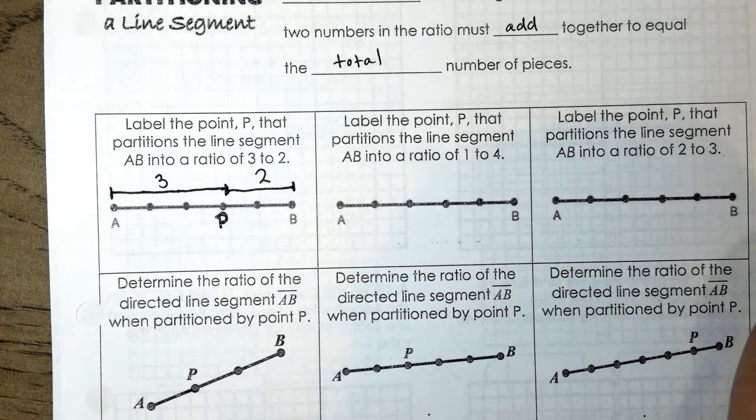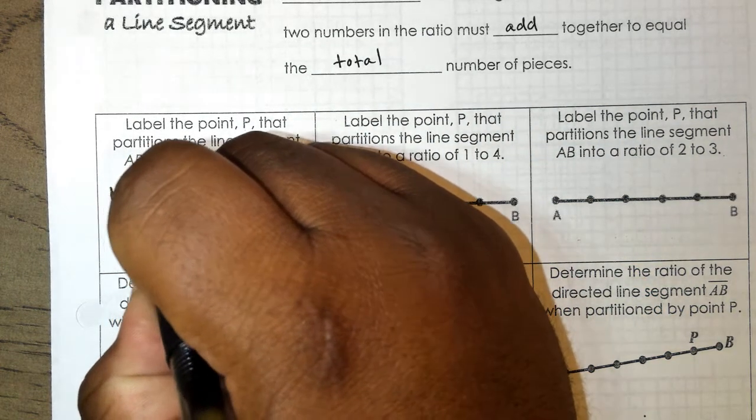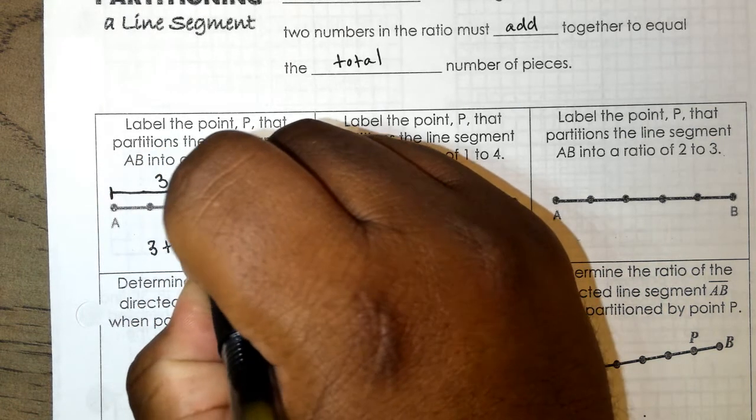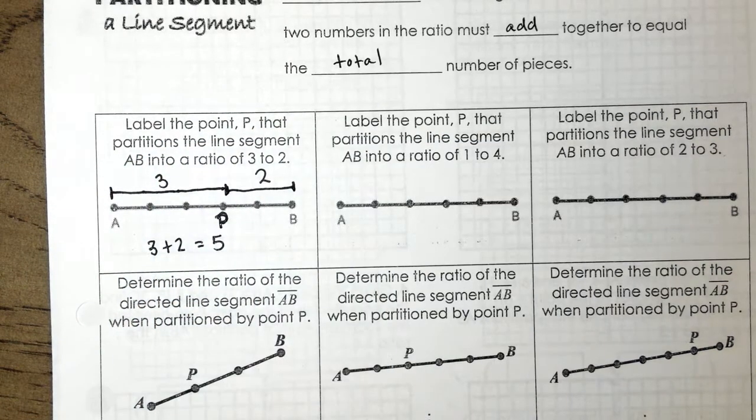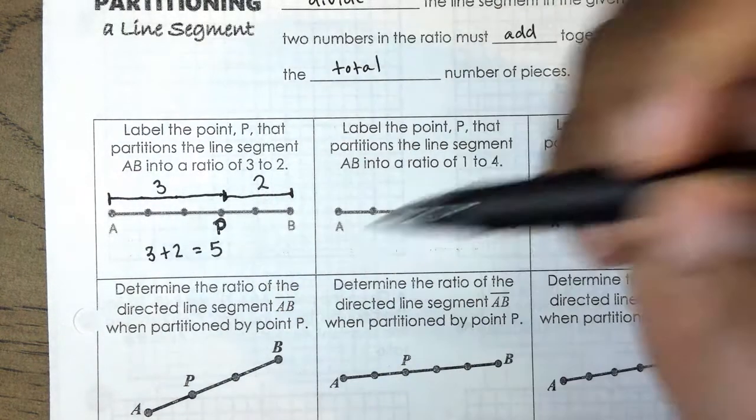And to figure out how many segments you have, you could just do it at the end, honestly. You go 3 plus 2 equals 5. So you have 5 segments in total that you can split that line in based on the ratio they gave you, and we did 3 to 2.